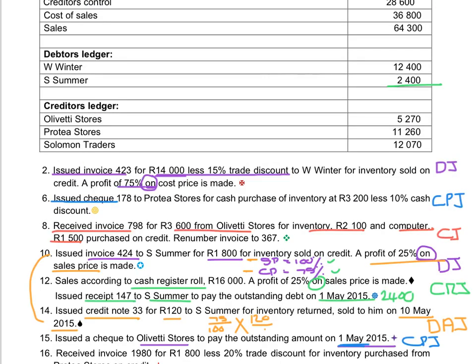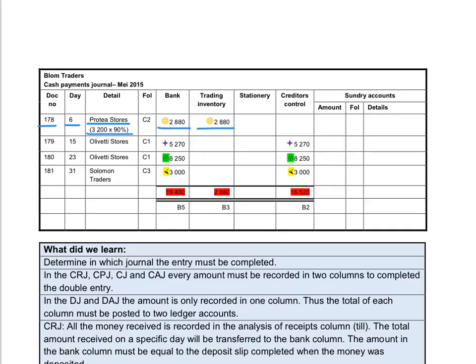And we owed him 5,270, so that is the amount that will appear on the check. Check number 179 is issued on the 15th to Olivetti stores. The amount on the check is 5,270, and we will indicate that the creditors will decrease with 5,270.